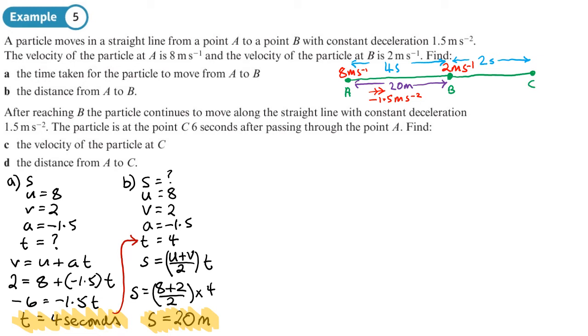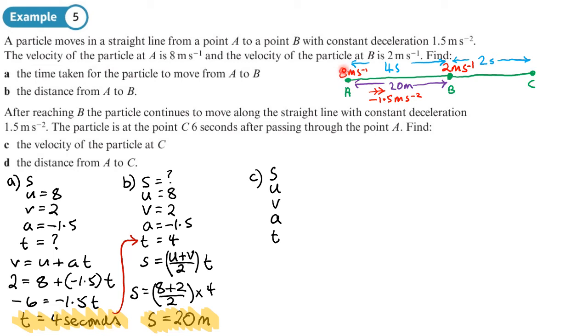So what we're going to do is, just like before, write out SUVAT and see what we have and see what we want to know. Now there's a couple of ways we can do this. We can take this as the initial velocity, 8, and take this as the time, 6, to find the velocity here, because the acceleration is the same throughout the whole journey. Or we can take 2 as the initial velocity and take the time as 2 for just this part of the journey and work out the final velocity here.